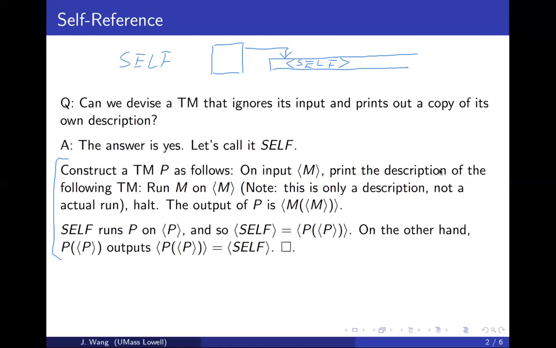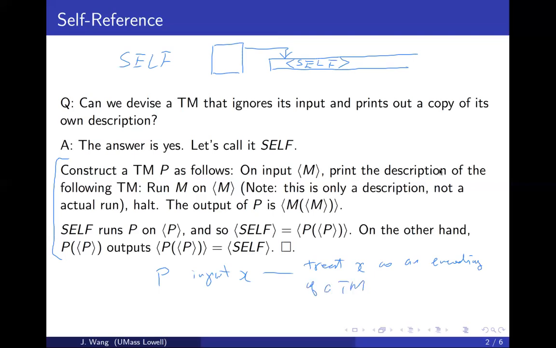We can first construct a Turing machine, let's call it P, as follows. P will take any input, let's say input X. We can look at X as an encoding of a Turing machine.